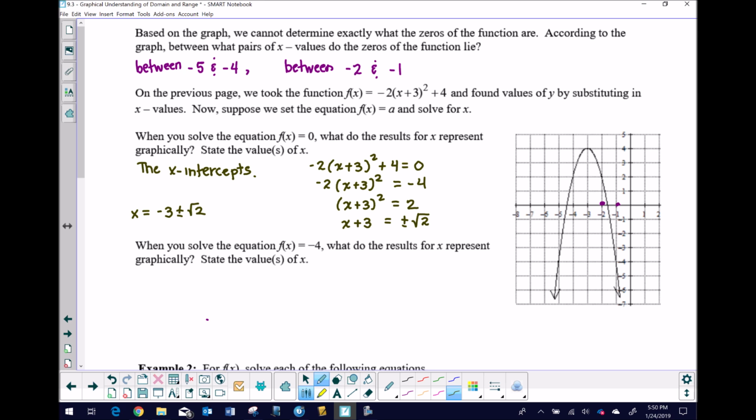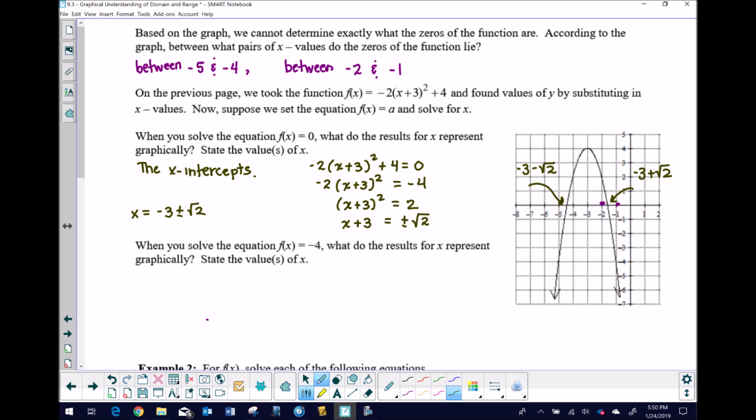Negative 3 plus square root of 2, negative 3 minus square root of 2. If you think about it a little bit, which one would signify the left intersection? Well, that would be negative 3 minus the square root of 2. And this one would be the larger of the two, which is negative 3 plus the square root of 2.